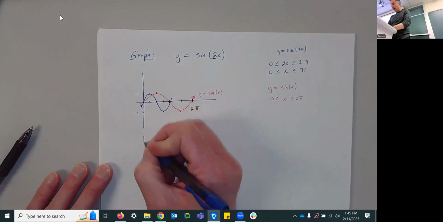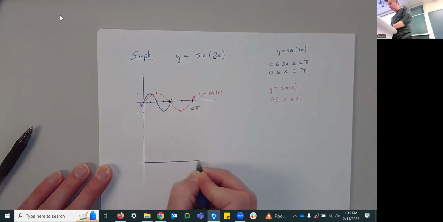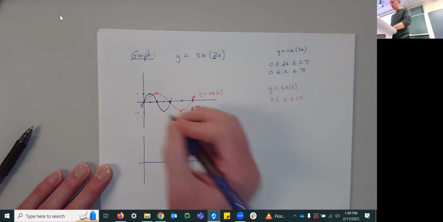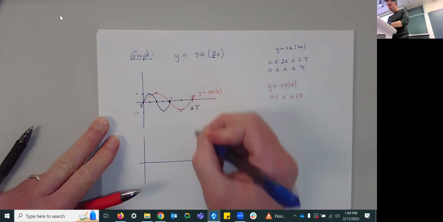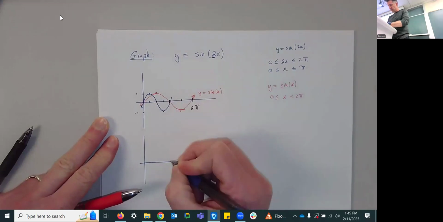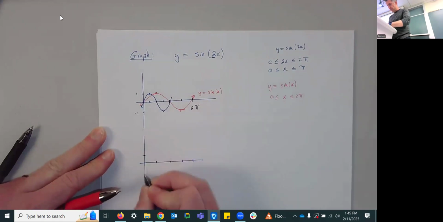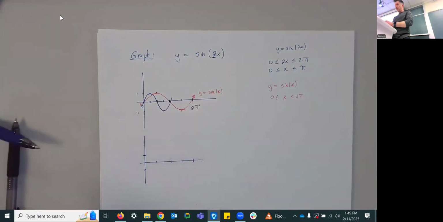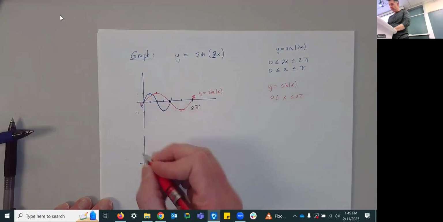Now let's graph the derivatives, like how we did before. As we know, the derivative of sine of x is cosine of x, but let's graph it anyway. Because graphing the derivative, well, the slope of the tangent line here is going to be positive 1.